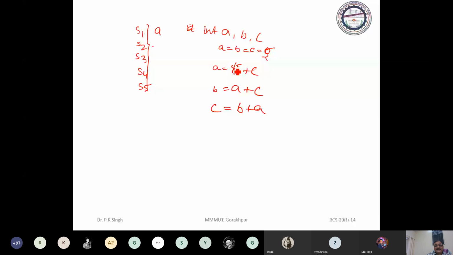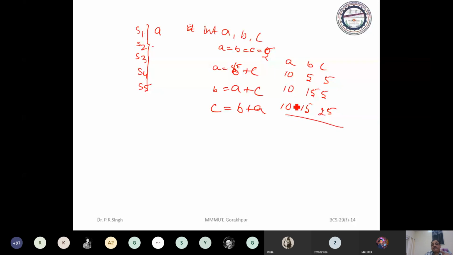In that case, after execution of the first statement A is 5. Then A is 10. After the next, B is 5 plus 10, which is 15. Then C is B plus A: A is 10, B is 15, and C is 25.